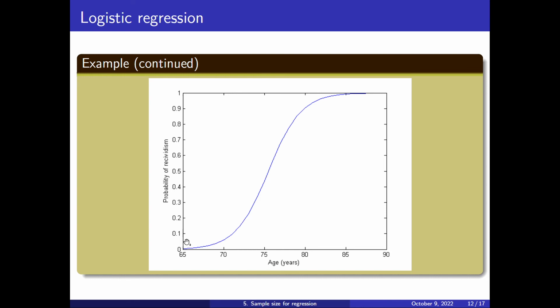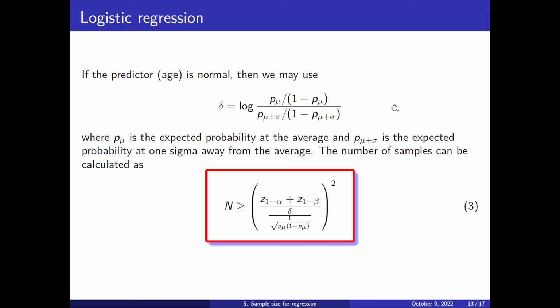And then once you fit these parameters, beta 0 and beta 1, the probability may look like this. Okay, so we will use the standard Gaussian formulas, and we will have the confidence level term, the statistical power term, and then the effect size normalized.